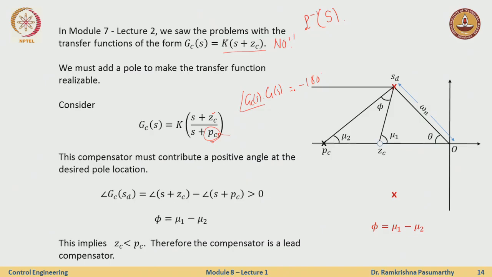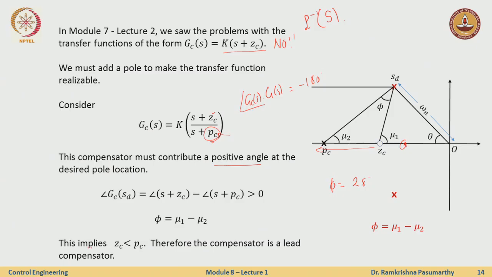Now this should always contribute a positive angle, which means this angle should always be greater than 0. Earlier we saw in the example that phi was some 28 degrees. This always contributes a positive angle, and for it to contribute a positive angle, the pole should be to the left of the 0. If I have a 0 here and a pole here, this will not work for this reason.